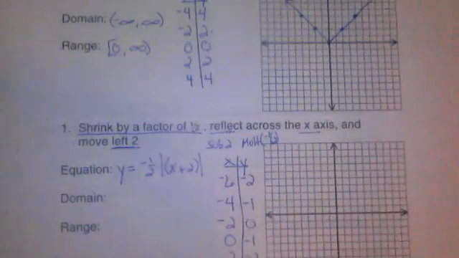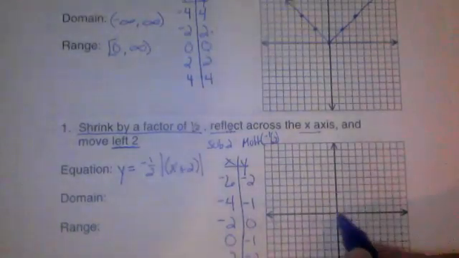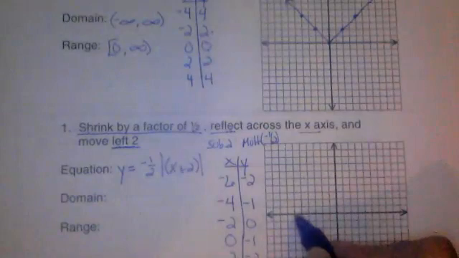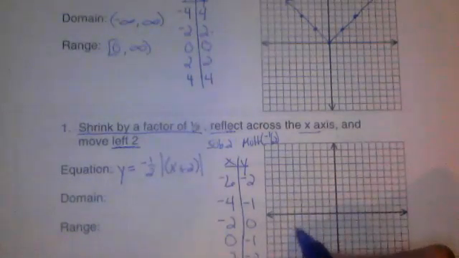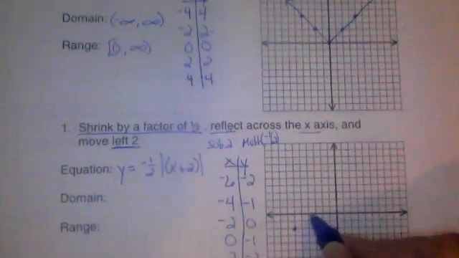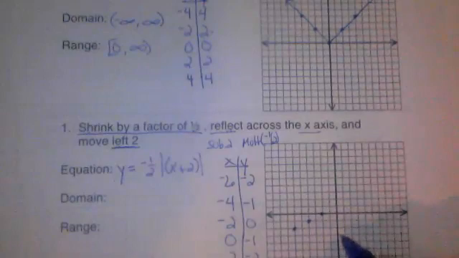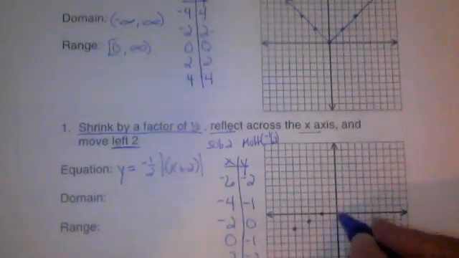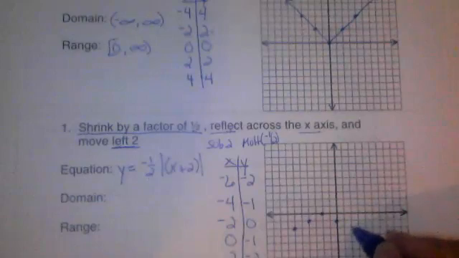And so we have our points that we can now graph. So we've got -6, -2, -4, -1, -2, 0, 0, -1, and 2, -2.